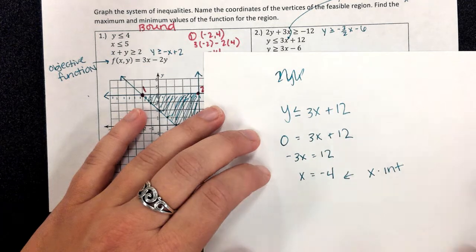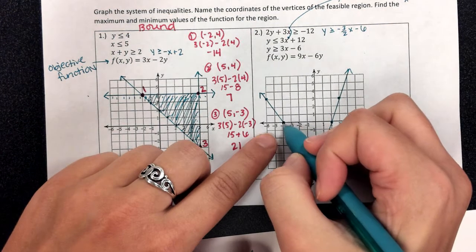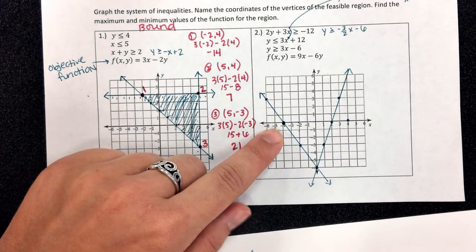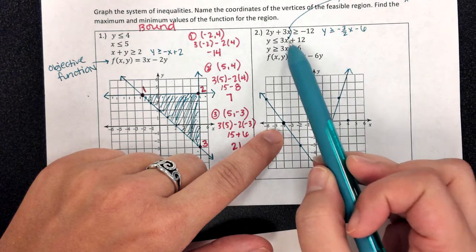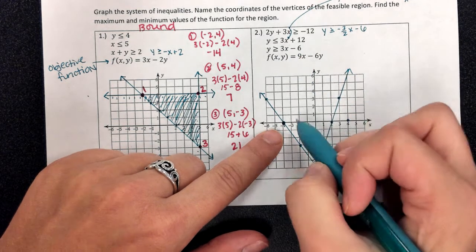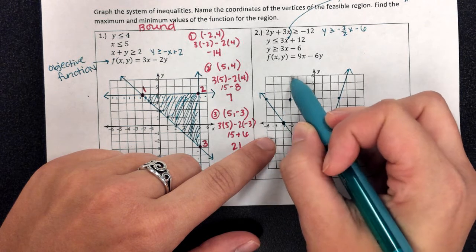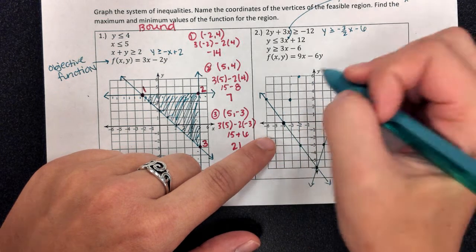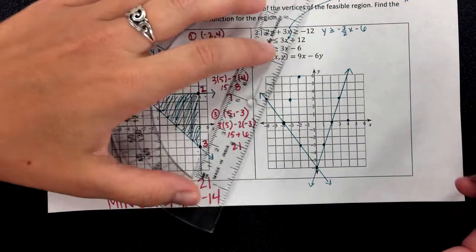Okay? So I'm going to go to my graph and put a negative 4 on my x-intercept. The slope of my line is still the same, correct? So my slope will still be a positive 3 over 1. So up 3, right 1. Up 3, right 1. And then I can connect my points.